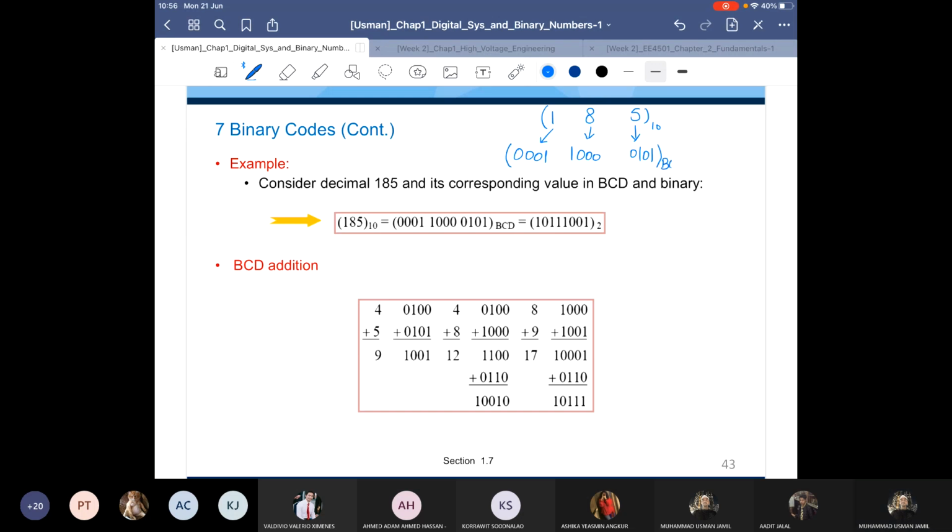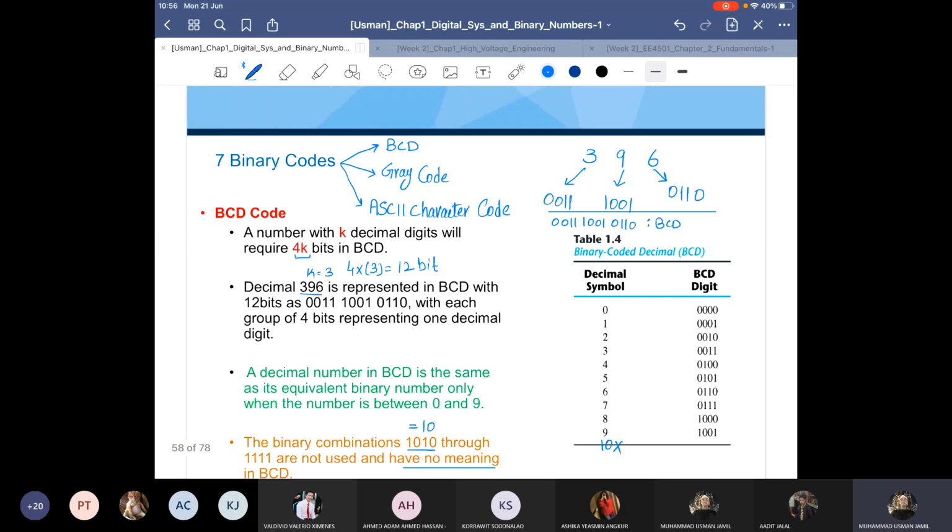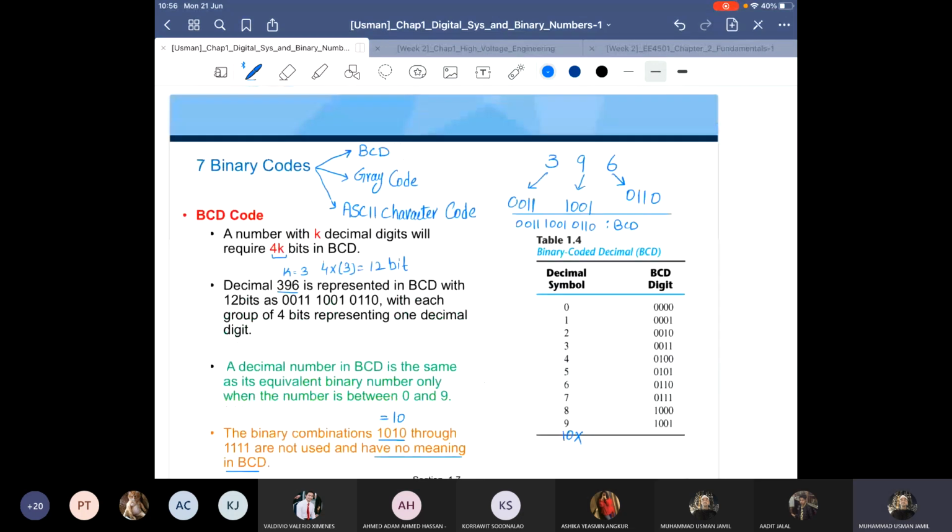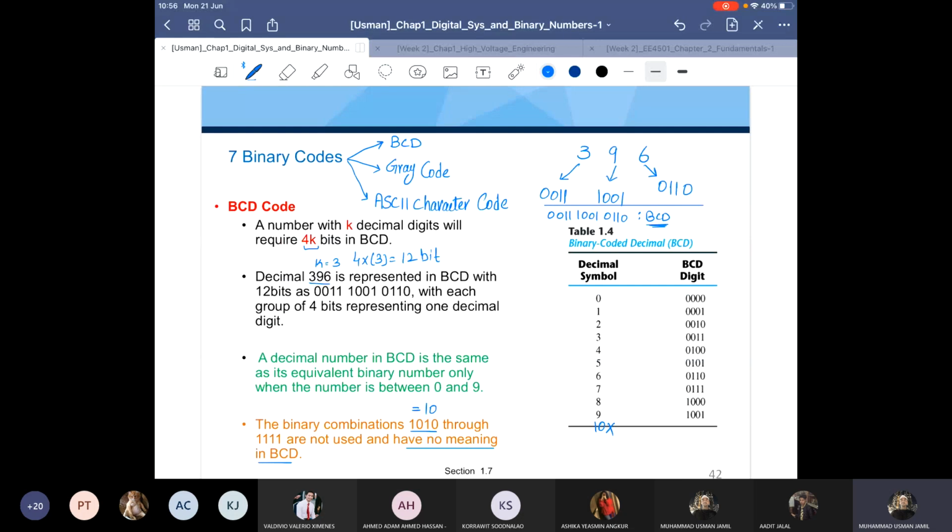When you say BCD, you have to mention BCD. Like here, you can see the base is now BCD. Otherwise this number has a different meaning. So you have to clearly mention this number is BCD.